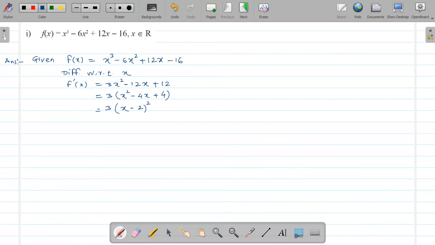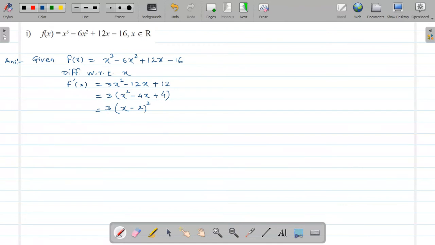Now if you see this expression, here 3 is positive, and if you put any value of x here, x minus 2 squared will always be positive, because the square of every real number is always positive.